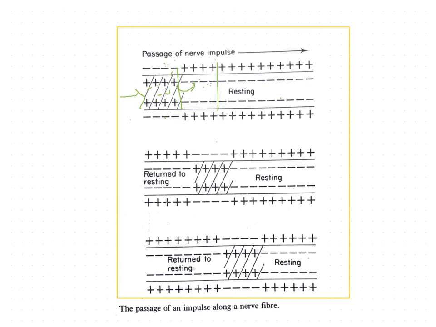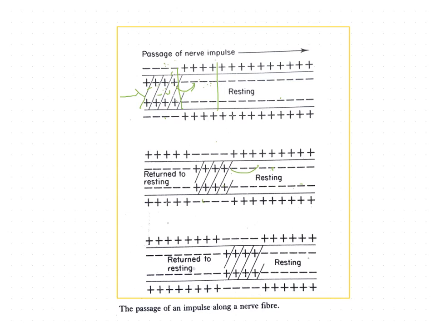In the next stage, again this causes local flow, and again it will move on to one segment. Like this, the passage of nerve impulse is going on in a nerve. So this is the passage of an impulse along a nerve fiber.